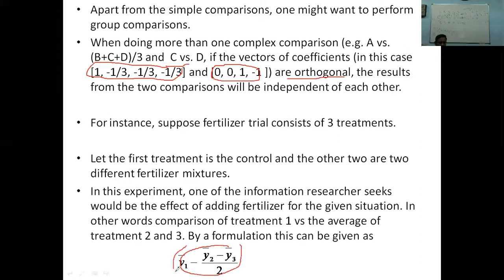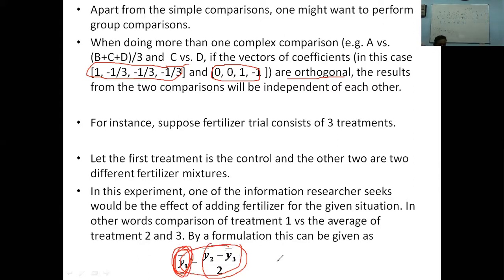So 1 is the mean value of the first treatment, that is y1 bar. Then the average of the means of the second and third treatments, that is y2 bar and y3 bar.